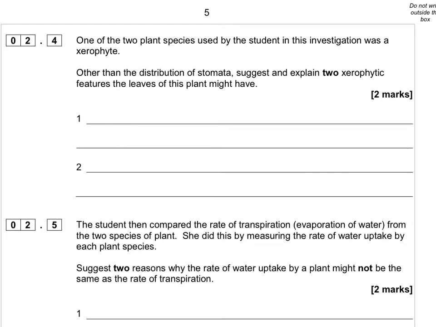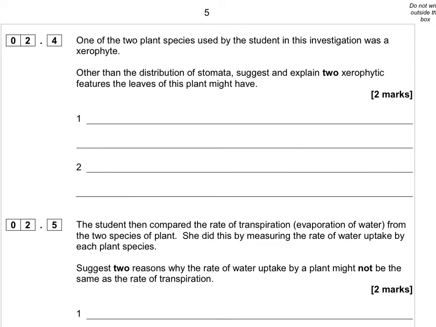Question 2.4 asks about the fact that the plant was a xerophyte. It says suggest 2 xerophytic features of the leaves that the plant might have other than distribution of stomata.